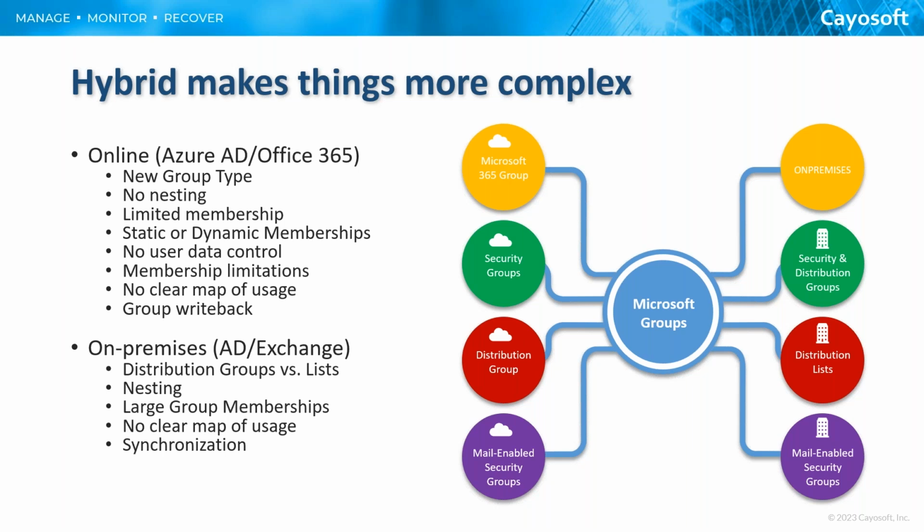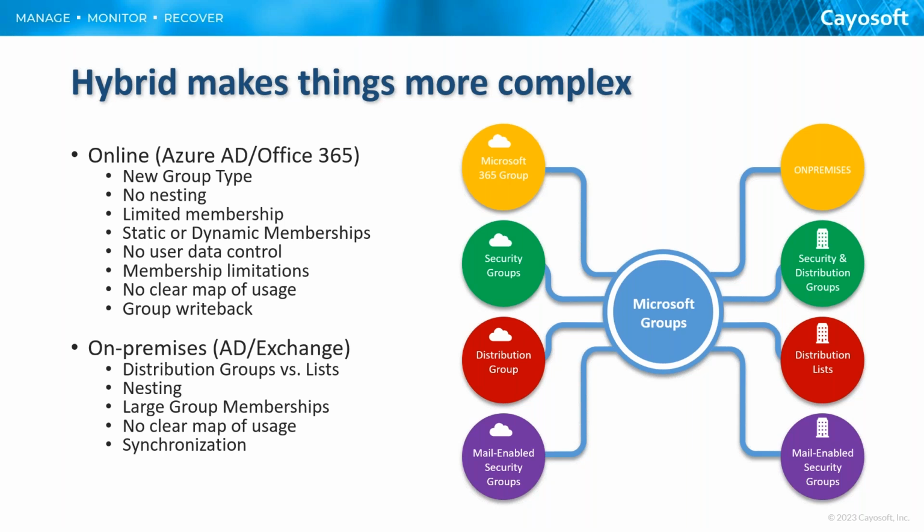And again, just like on premise, there's no control over the data other than just sort of rudimentary delegation. And what I mean by the data, I mean the description, the naming, those types of things. They really don't give you great controls there. No clear map of where groups are used, either on premise or in the cloud.